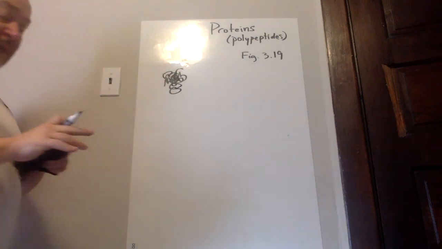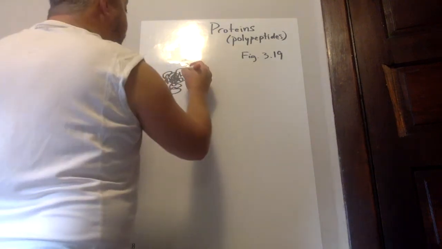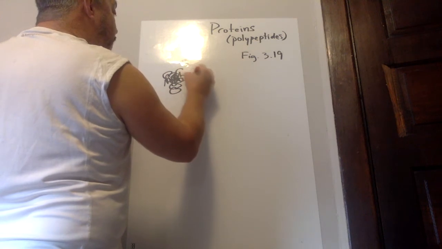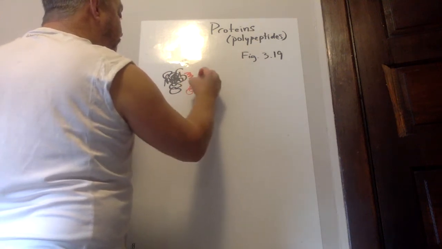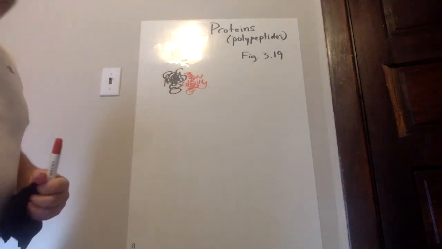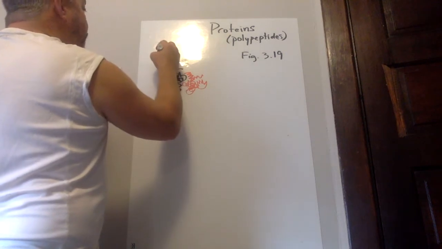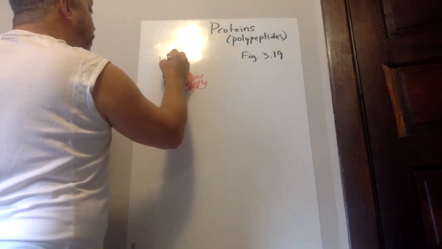So that's one protein in its tertiary structure. We could also have another protein in its tertiary structure. So we'll put some pleated sheets in, we'll put some alpha helices. So the black is one protein in its tertiary structure.